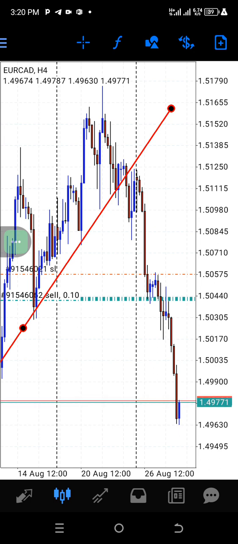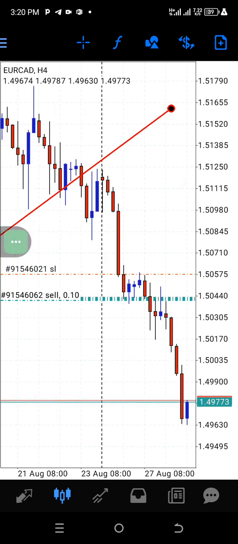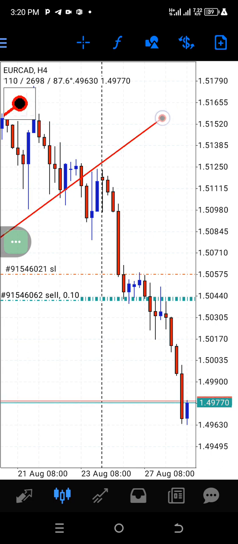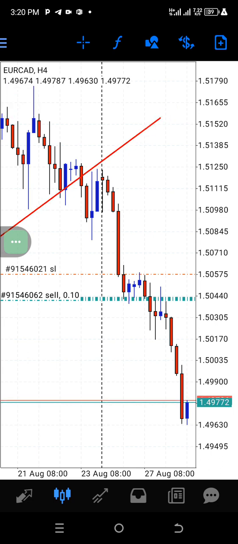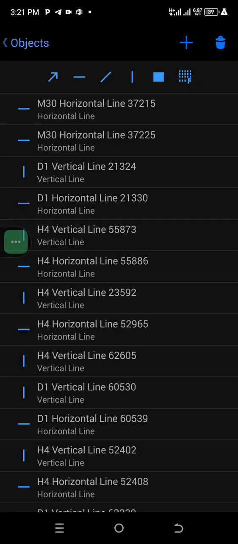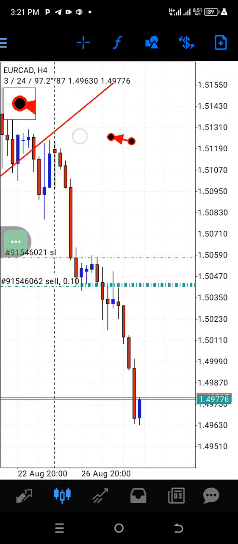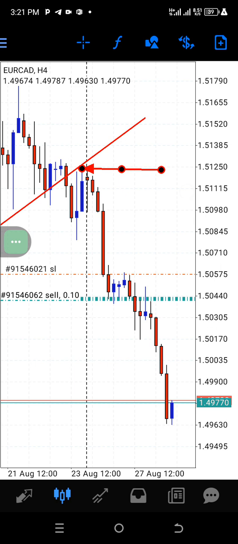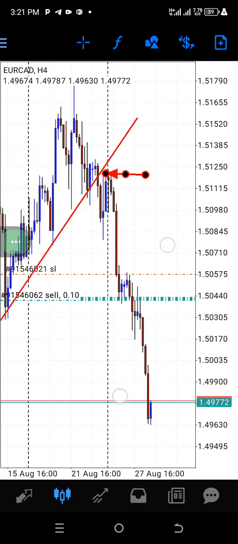When it broke out from the trend line, I still waited for the market to retest that trend line. As you can see, when it breaks from the trend line here, at this point the market still buys up and tests the trend line.